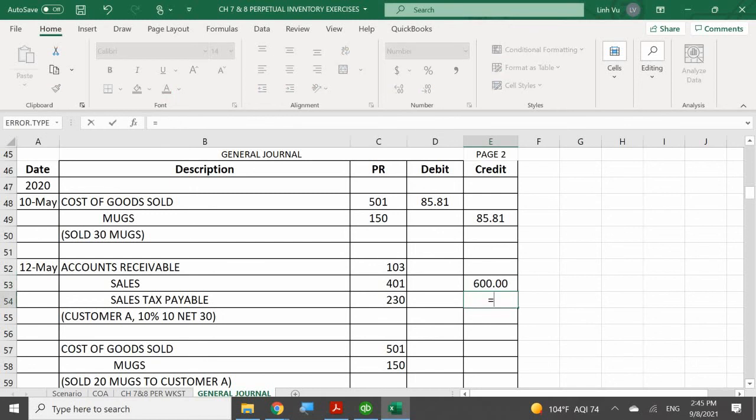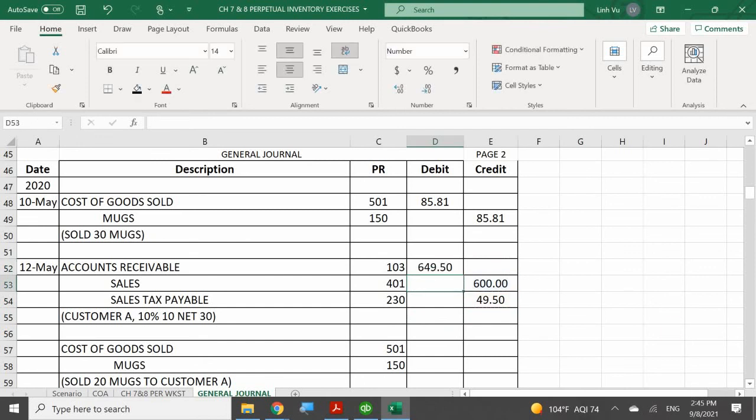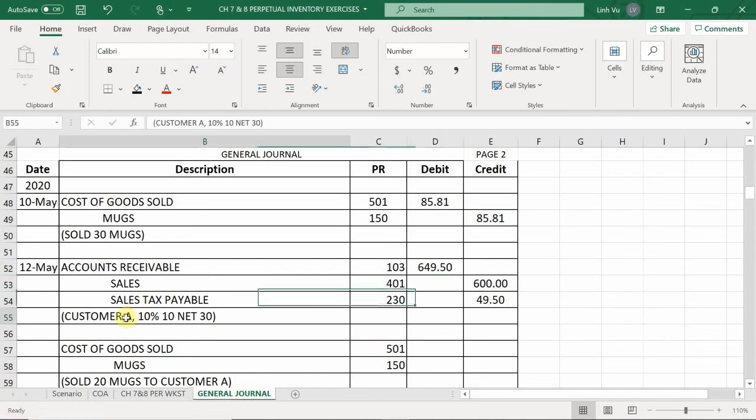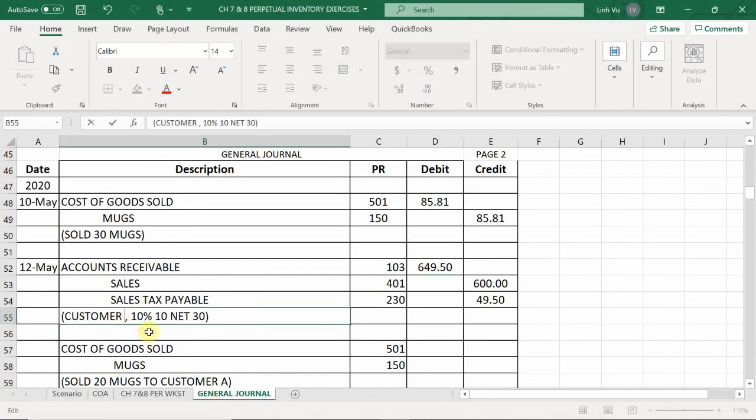How much tax am I going to charge customer B? 8.25% of 600. 49.50. So in grand total, customer B owes me $649.50. Good. And then again, update your information here. Customer B with the 10%, 10 net 30.